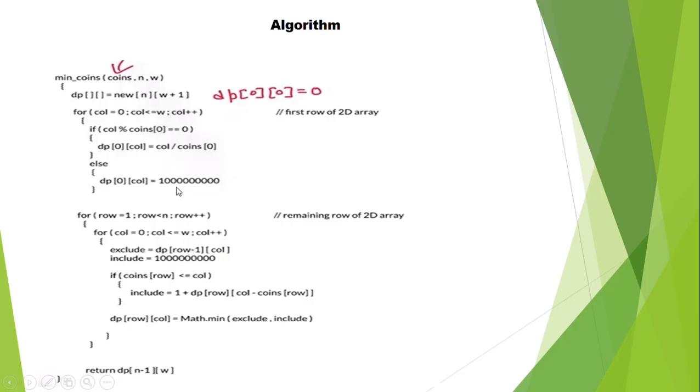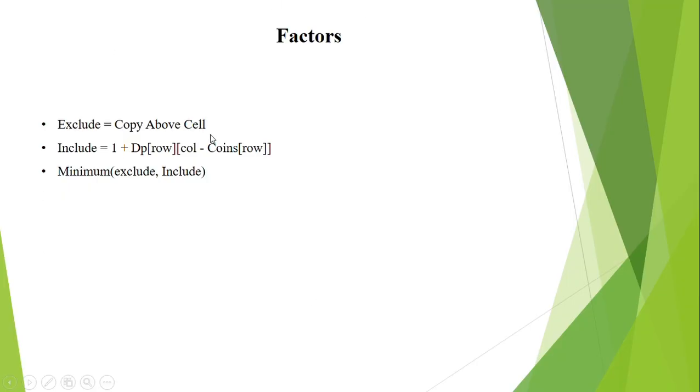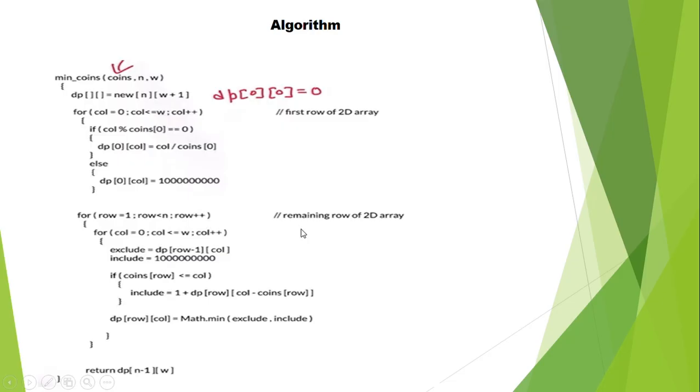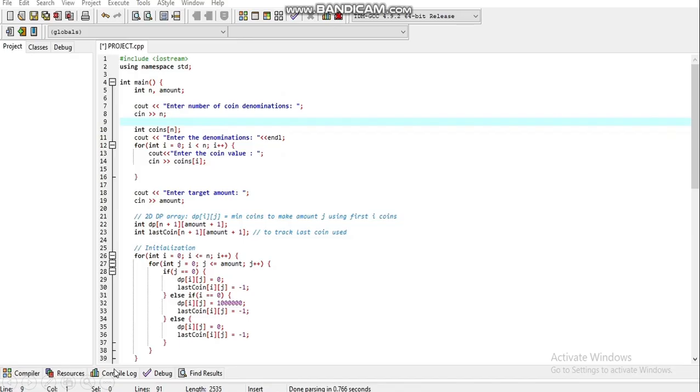Else, write an unexpected value which will never come into our result. Now for the second row we have two for loops, an outer loop and an inner loop. Here we use our exclude and include terminologies, use the include formula which we learned here, and implement it in this table. Then find the minimum value and write it at that point. Now return the values.